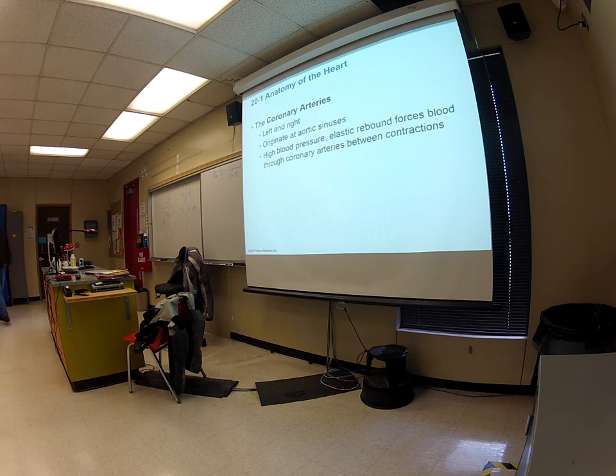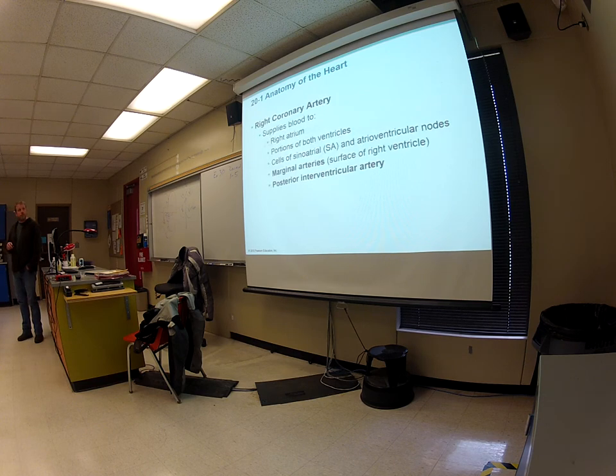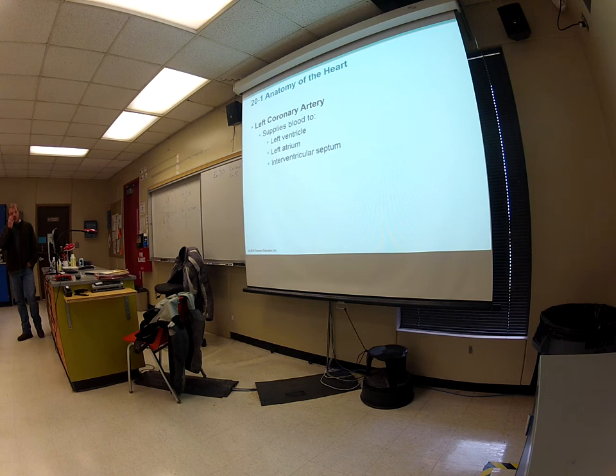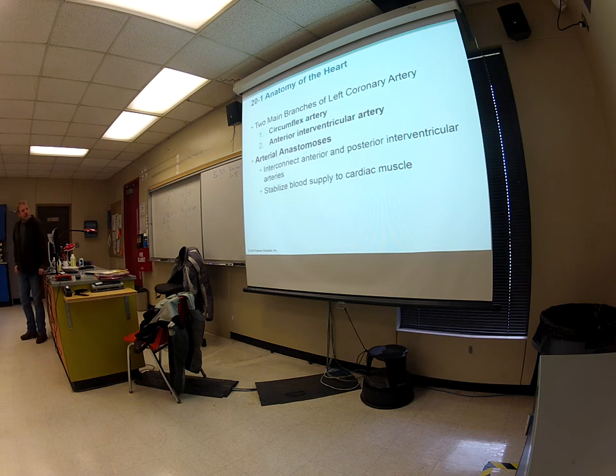So this is telling you left and right, originated aortic sinus, high blood pressure, right coronary artery, right atrium, cells of the SA and atrioventricular nodes, left coronary arteries, left ventricle, left atrium, interventricular septum. Now, here's where we start talking about the names of those vessels. Two main branches of the left coronary artery, circumflex artery and anterior interventricular artery.